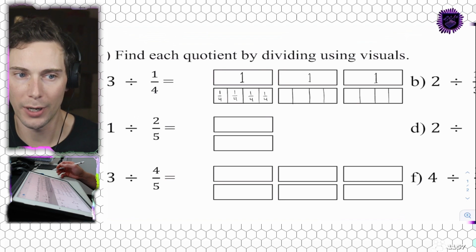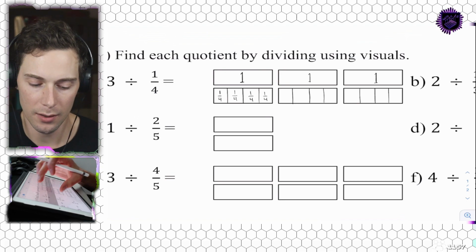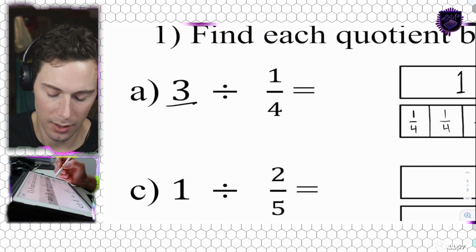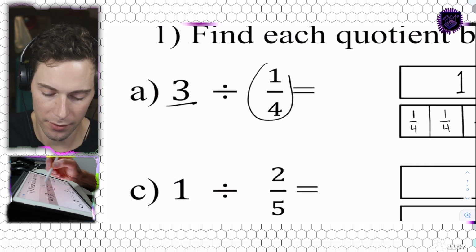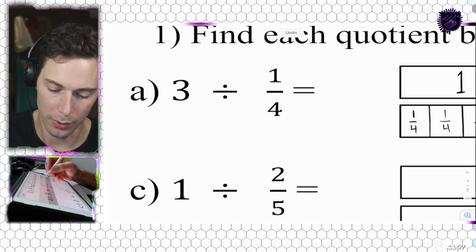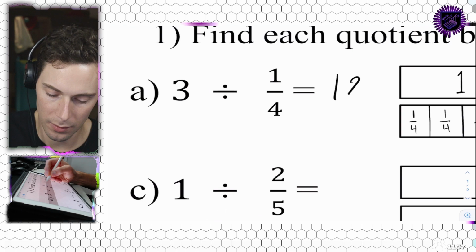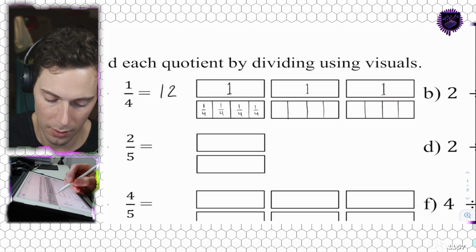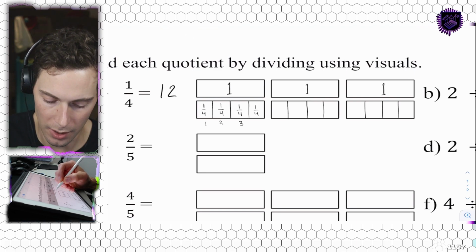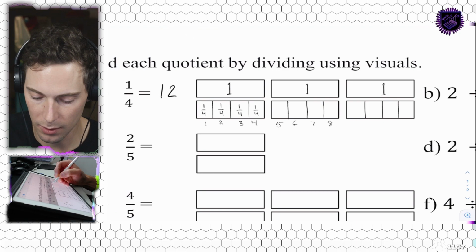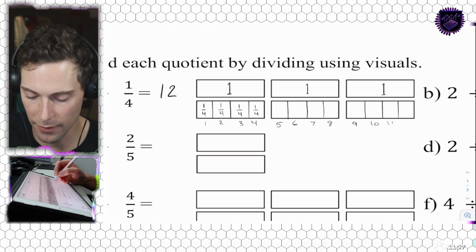So if I'm going to break up 3 into groups of 1/4, I'm going to have 12 equal groups of 1/4. And you can see that there are 12 here. 1, 2, 3, 4, 5, 6, 7, 8, 9, 10, 11, 12.